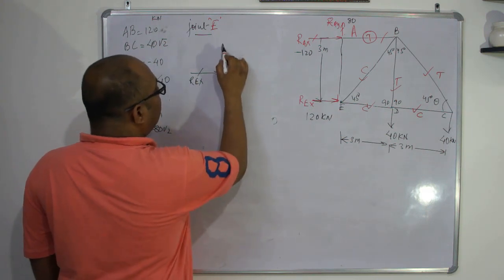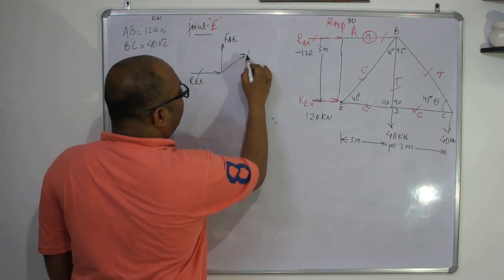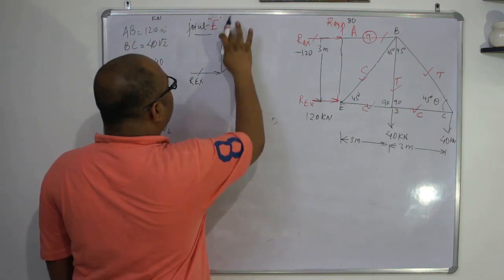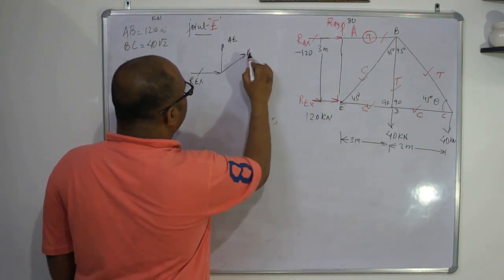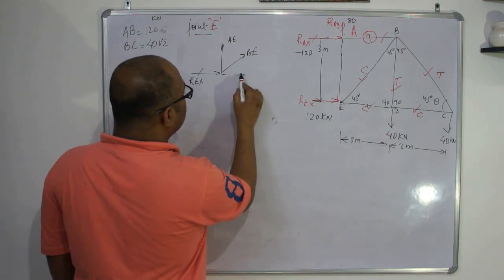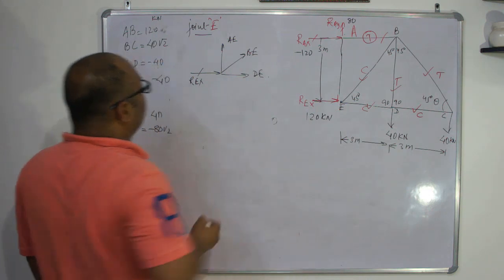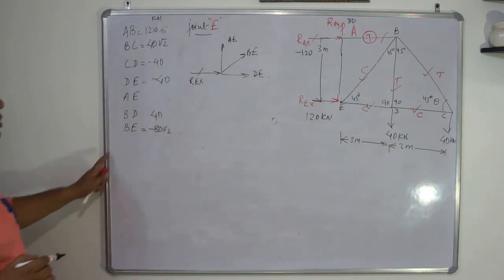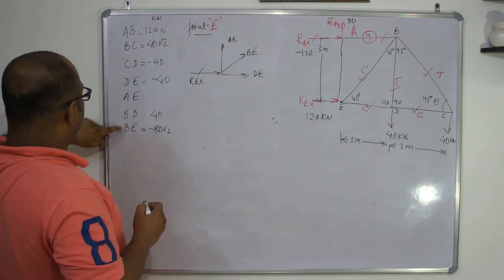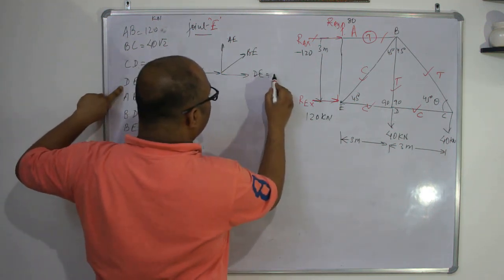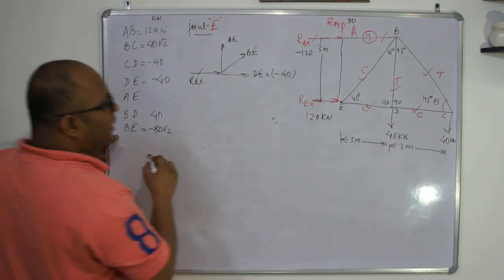Here is AE, and this is BE, and this is DE. The values which are known to us, we can directly write. What is the value of DE? Minus 40. And what is the value of BE? Minus 80 root 2.